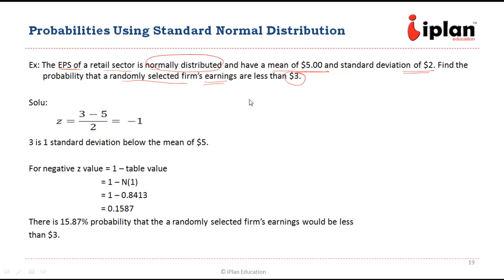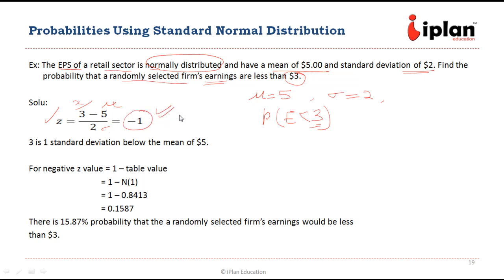We know the mean of the population is $5, the standard deviation of the population is $2, and we know it is normally distributed. So for a value of 3, what is the z-score? Z is x, which is 3, minus mu, which is 5, divided by sigma, which is 2. So the value is minus 1.